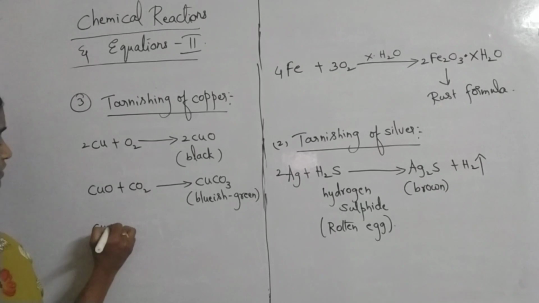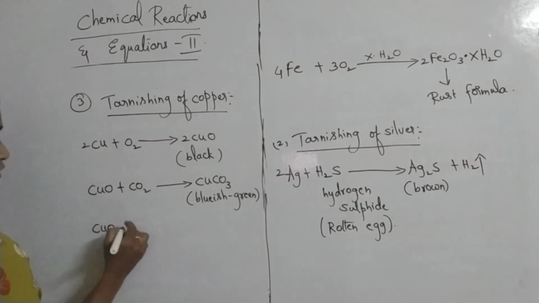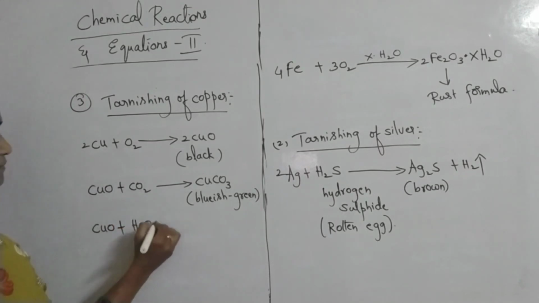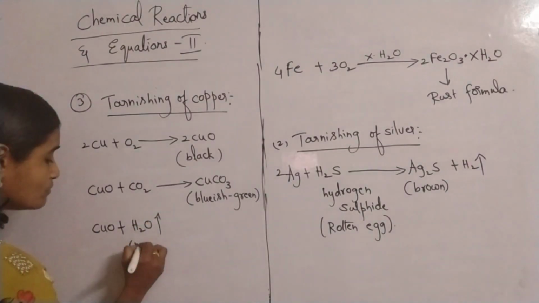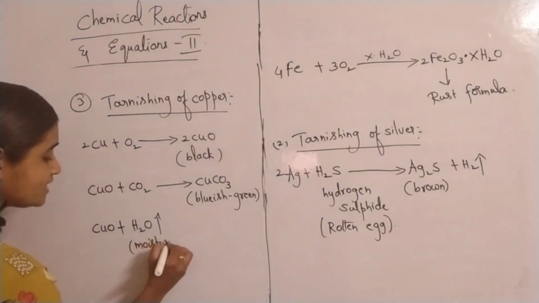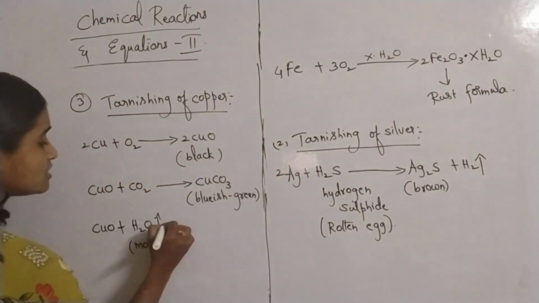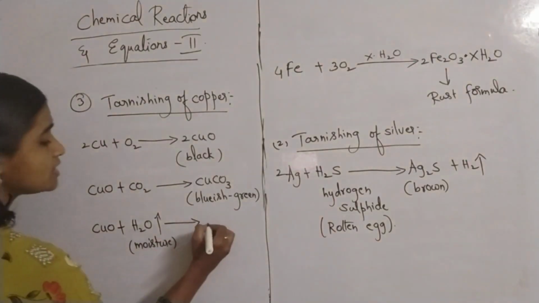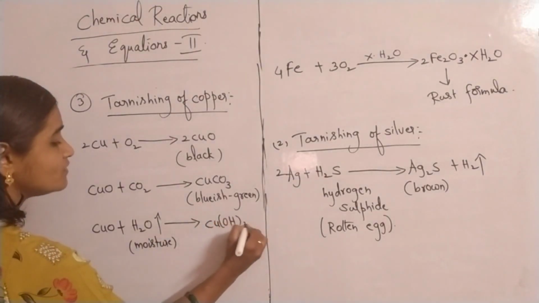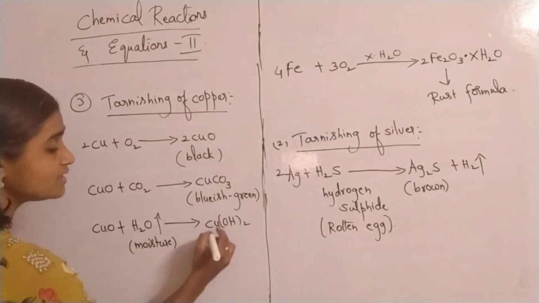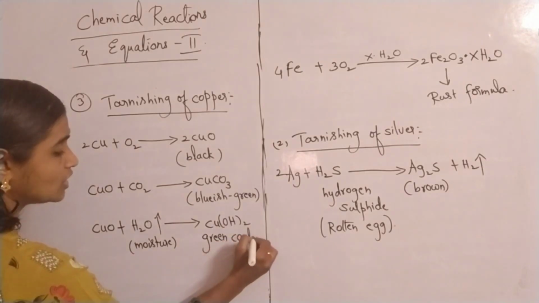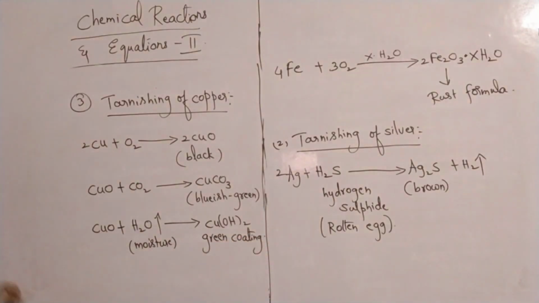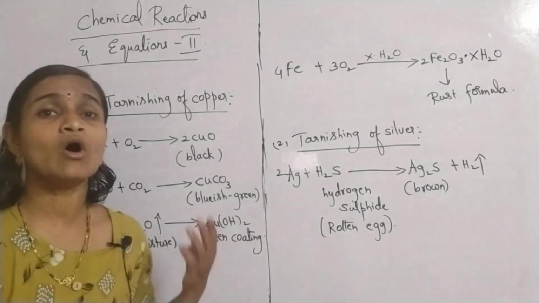And that CuO, when made to react with atmospheric moisture, here I wrote water, but still it is moisture. If it is exposed to atmospheric moisture, then it gives rise to what? Cu(OH)2, which appears like a green coating on the surface of copper articles. So copper hydroxide will form on the surface of copper metal.